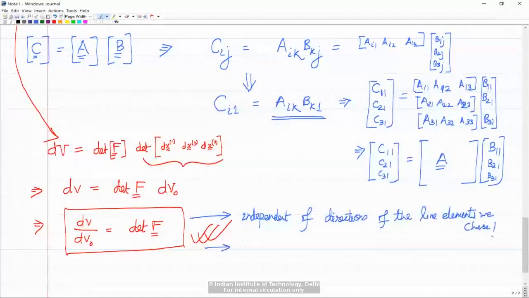So once you get this ratio, the volumetric strain is simply det F minus 1, right? So volumetric strain is unique at a point. There are infinite longitudinal strains at a point, infinite shear strains at a point, but a unique volumetric strain at a point.